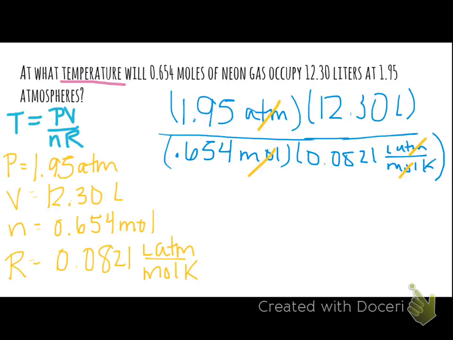Atmospheres, moles, liters. We're left with Kelvin, which is what we want. We're solving for temperature. Okay, so 1.95. Go ahead and do this in your calculator, especially if you did not get the right answer last time. Let's make sure we're typing these in correctly. So we get 400.7.